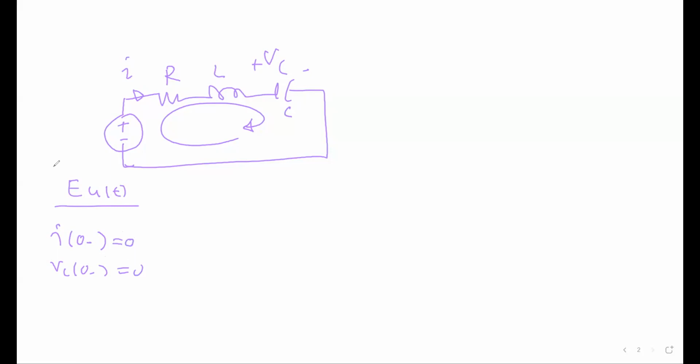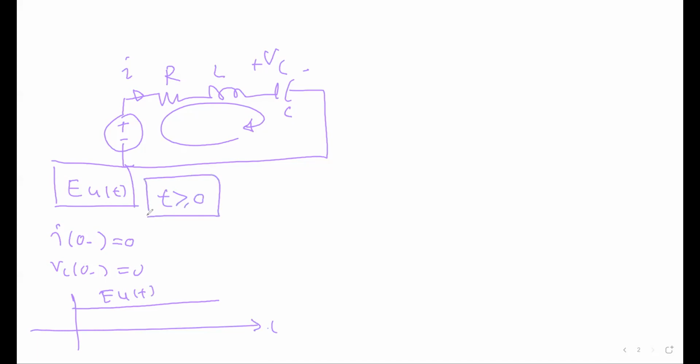Then this source is applied. That source has this nature, okay? This is t, this is u(t), you know what a step function is. So it is applied at t equal to 0. Then you have been asked to calculate your current and voltage, whatever it may be, for time t greater than or equal to 0.